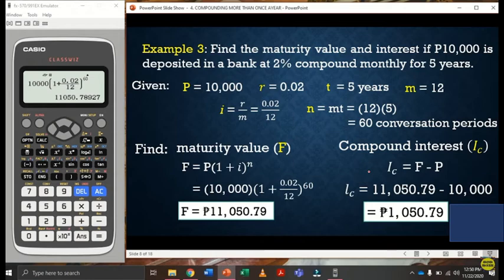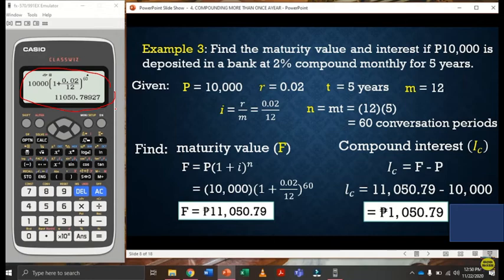How about the others? Okay? If you use a calculator, input the data: 10,000 times the quantity 1 plus 0.02 over 12, to the power of 12 times 5, which is 60. Then the result is 11,050.78927 pesos.